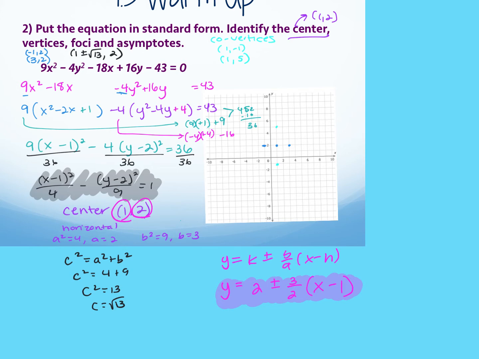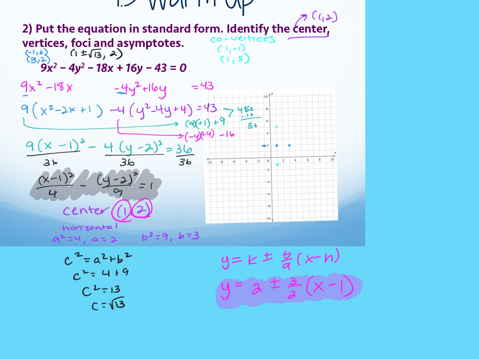Yeah. You do not need to simplify that. If you want to graph it, obviously you can put it in y equals mx plus b format, but you could also just leave it like this. Just shift your point to get the center, which is at 1, 2, and then your slope would be a +3/2 and a -3/2. But like I said yesterday, I think it's easier to do the box.